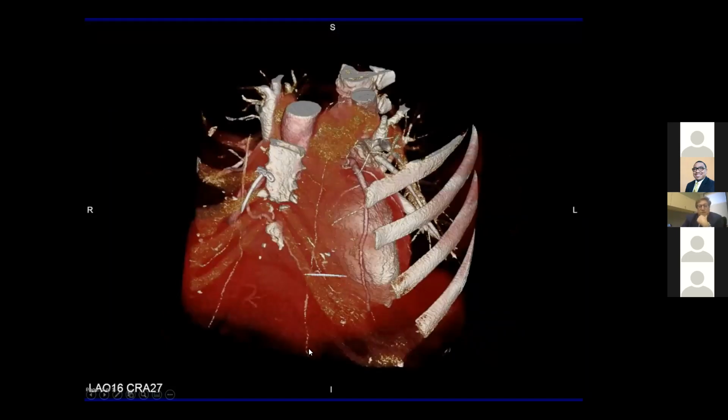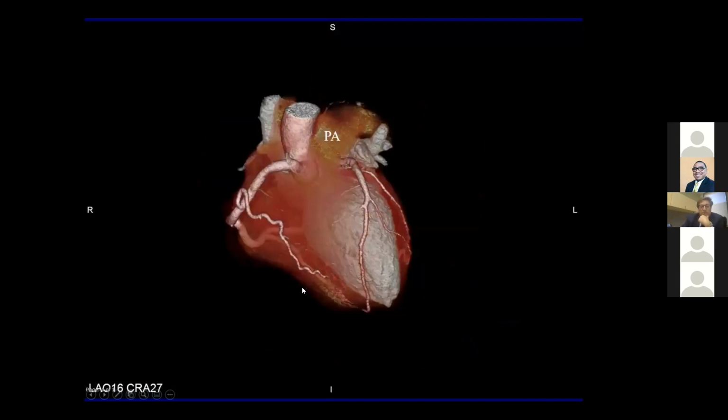So let's look at this, and this is just more of a video view, and we're going to just slowly peel back. Here's our PA, which is covering our LAD. The right comes off normally, our LAD and our left main. We peel back further, and it's still hard for us to see, it almost looks like it's coming off normally.